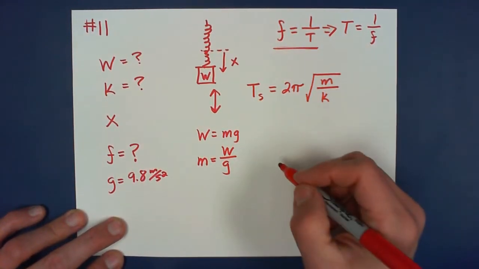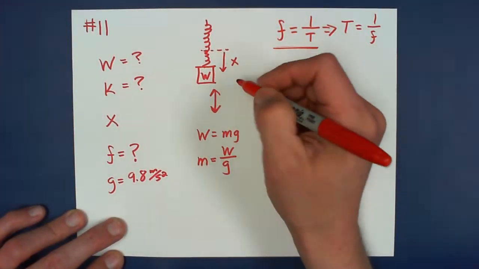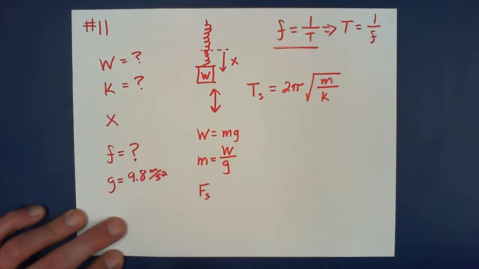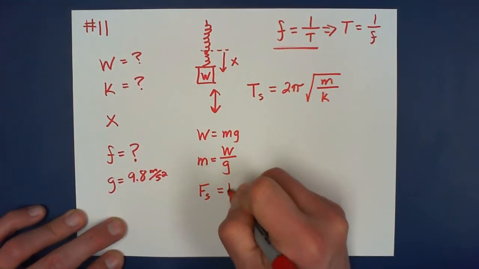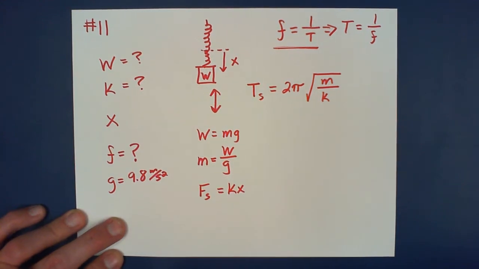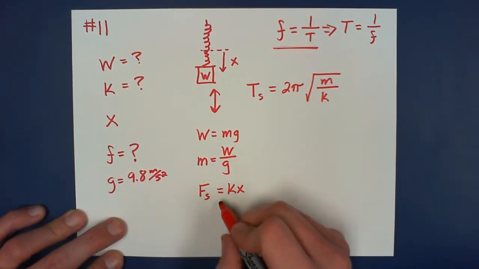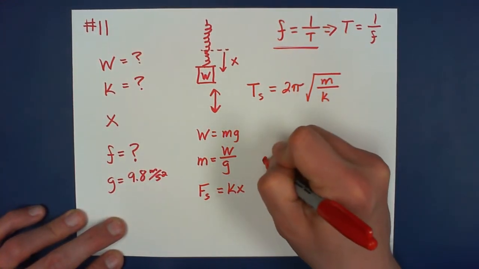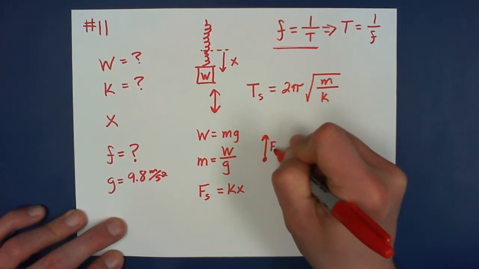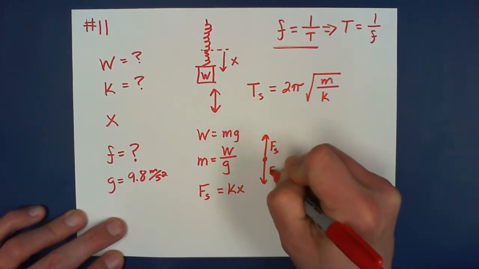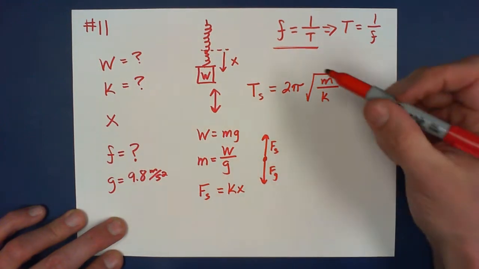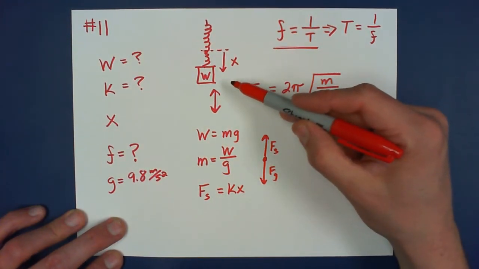The next part, the spring force. The spring force that's being pulled is going to be equal to the k value times x. Now keep something in mind here. The spring force is balancing the force of gravity when it's at this position right here, when it's at x.